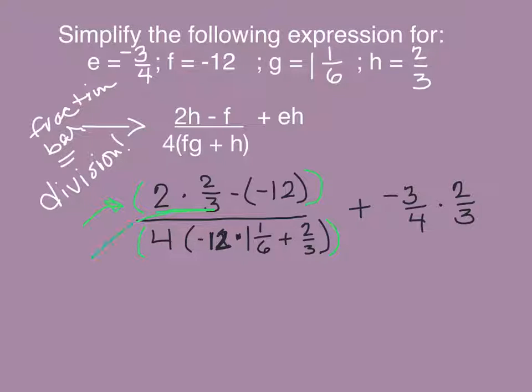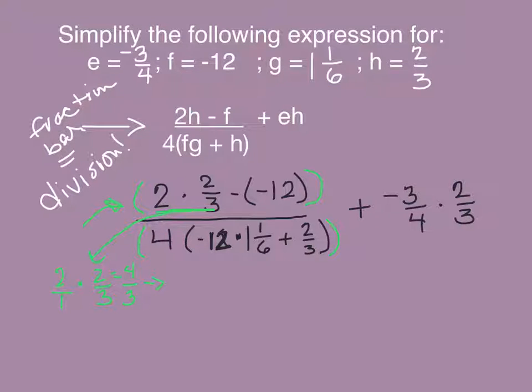So the very first thing I have to do is, I'm going to take this out right here, and do 2 times 2/3. Now I know they both have to be improper fractions in order for me to actually multiply them, so I'm going to put this 2 over 1. And then remember, the last part of the Macarena is the top with the top and the bottom with the bottom. So the top with the top would be 4, and the bottom with the bottom, 1 times 3, would be 3. So I'm now going to put that in the numerator, or the top part of what appears to be a fraction, but which is really a division problem.